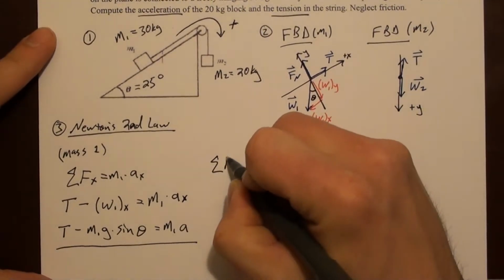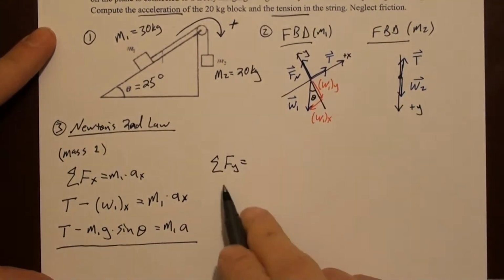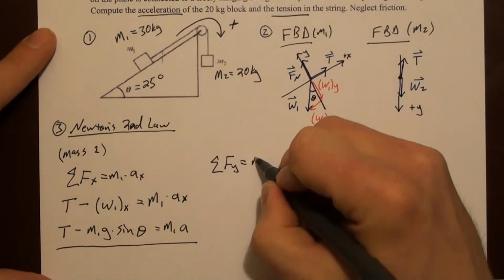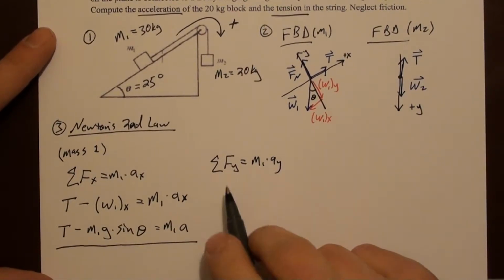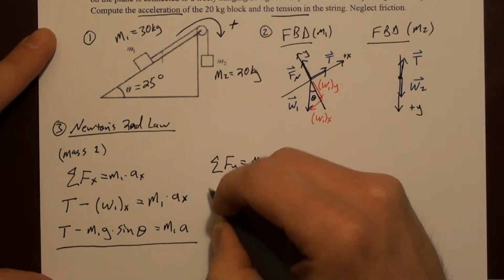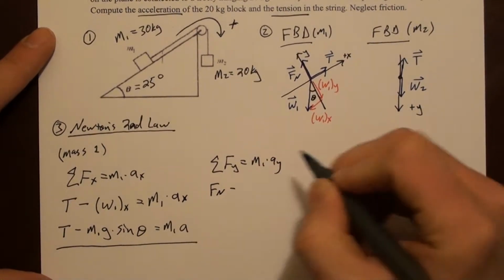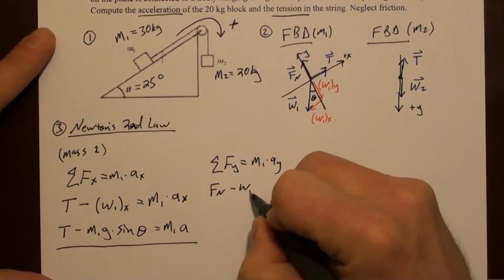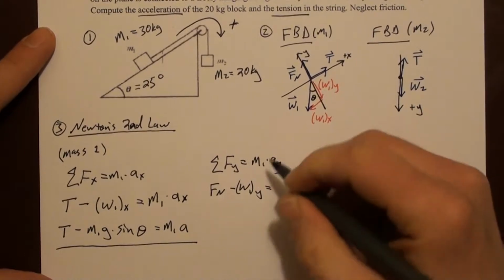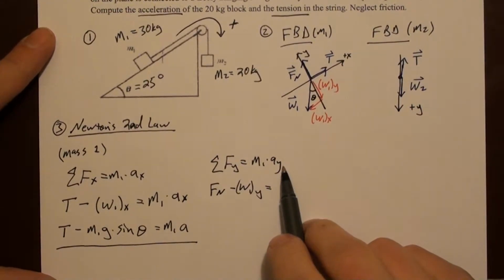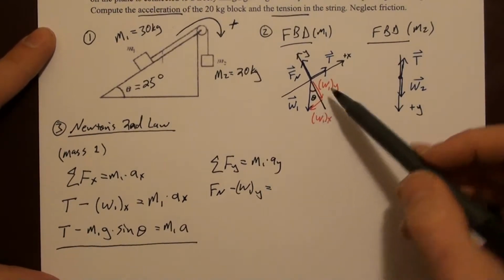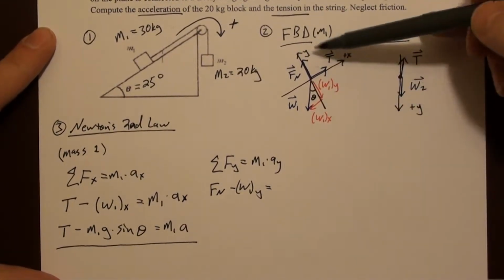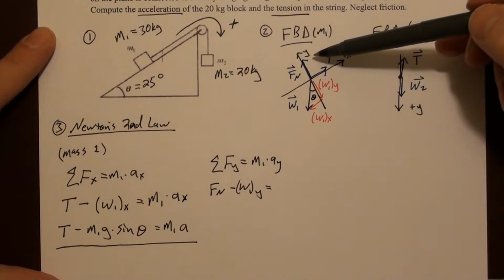In the y direction, the sum of the y direction forces is m1ay, still talking about mass 1. So the y direction forces are the normal force and weight 1y equals m1ay, but we expect that to be 0, right? Because it's not moving up or down as we've defined y for this diagram.